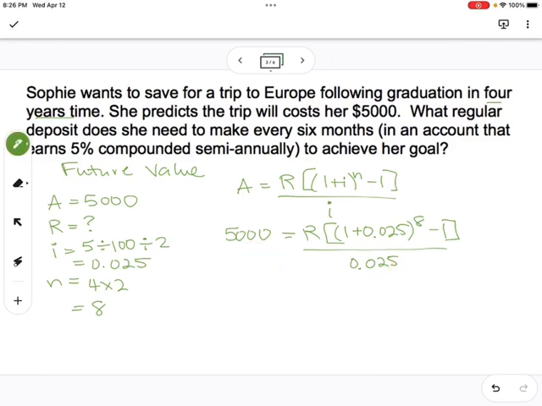So it'll be 5,000 times 0.025. And we keep the other side with what's left over.